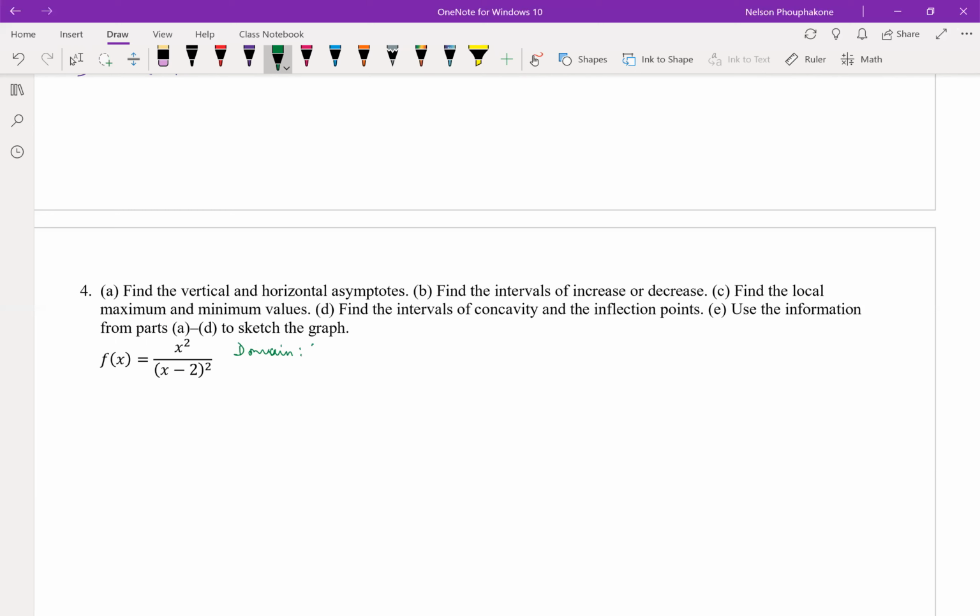Now let us try to take the first and the second derivative, and then we are going to use the limit to help us locate the vertical and the horizontal asymptotes. So anyway, let's begin.